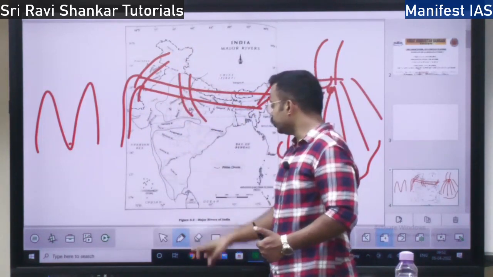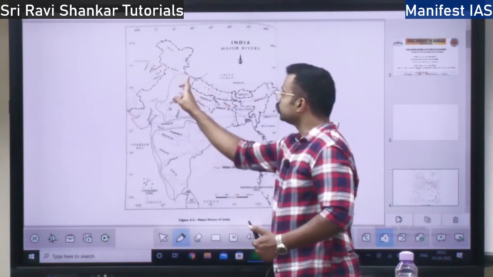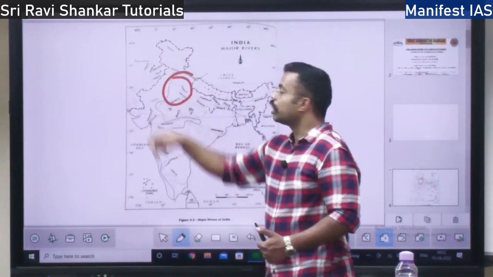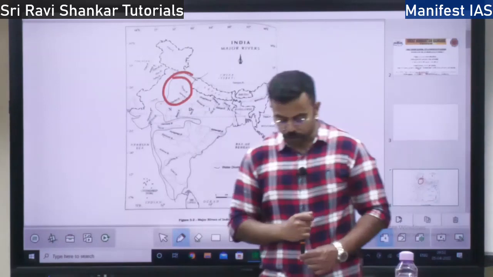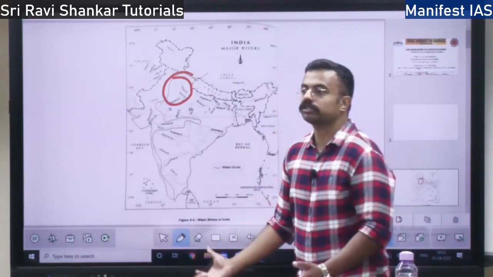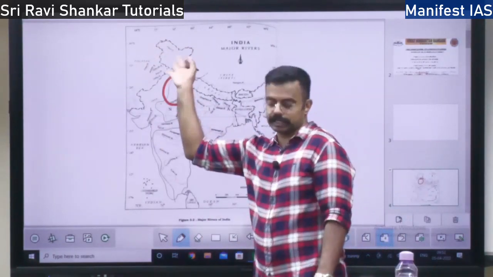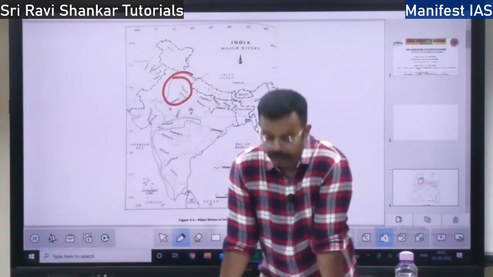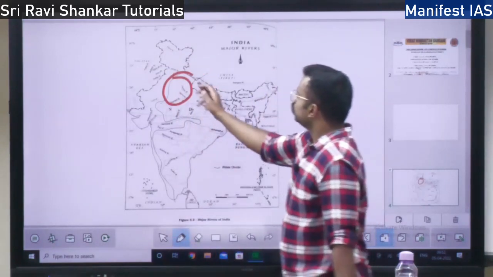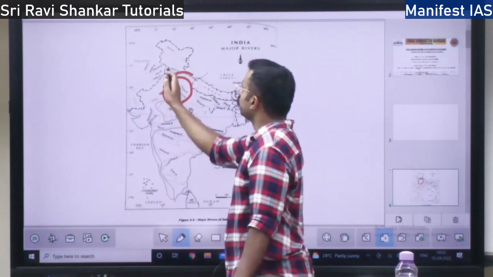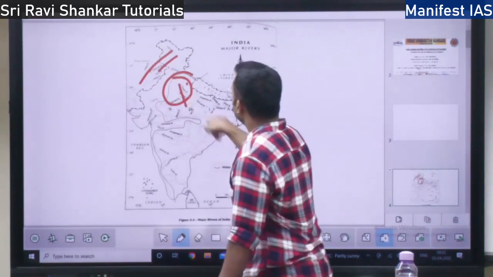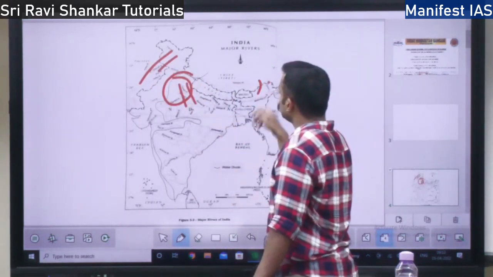Also the Delhi Ridge, this region called the Potwar Plateau, also moved up along with the Himalayas. That is why this river got divided. Right? So this Indo-Brahma got divided into Indus, Ganga and the Brahmaputra.